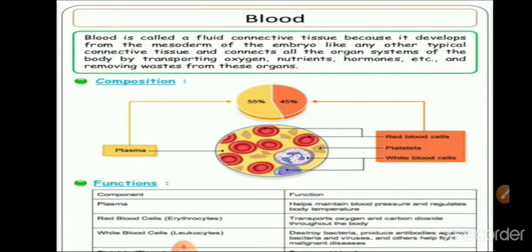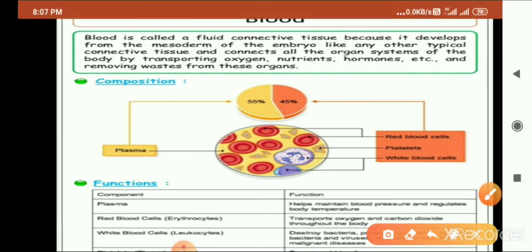Blood is a fluid connective tissue that develops from the mesoderm of the embryo, and it is a connective tissue that connects all the organs. The composition of blood is 55% plasma and 45% RBCs, platelets, and WBCs. So what are the functions of these components of the blood?